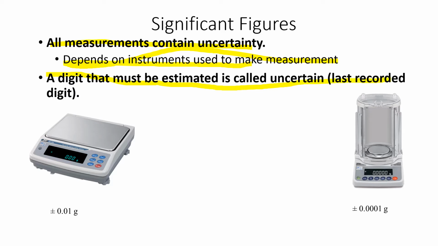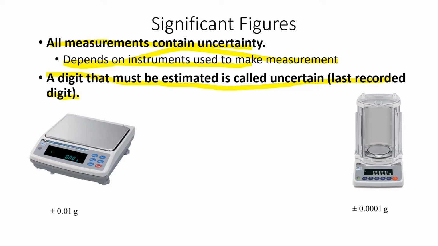The two balances in the picture below do a good job of representing how we take measurements and what significant figures really tell us. These two balances have different levels of certainty and uncertainty. The one on the left is a relatively simple balance. It can estimate down to the hundredths place.